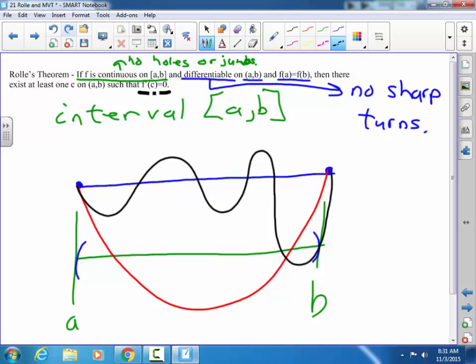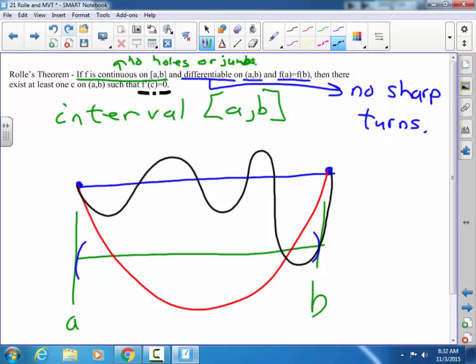Somebody go up there and point out on the black line where the derivative has to be equal to 0 for us. Somebody come up here and just highlight where the derivative is 0. Can you find some points? The board is workable.